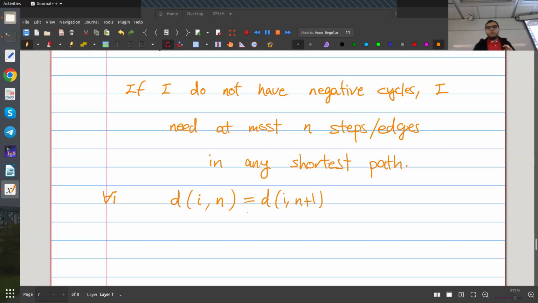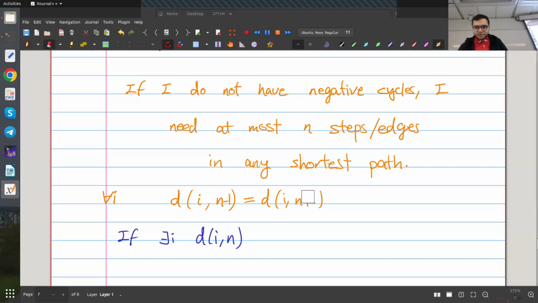But if there exists some i such that the distance to i with n edges, and actually, I don't even need n edges, I need n minus 1 edges. I could do this with n minus 1 as well. Let's do it with n minus 1, because I can see n different vertices in my path.